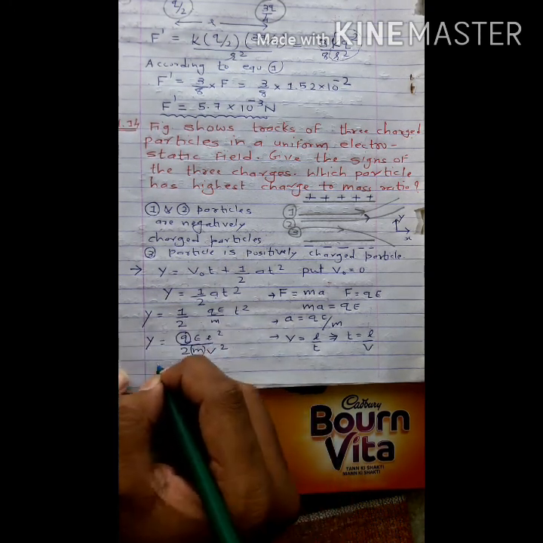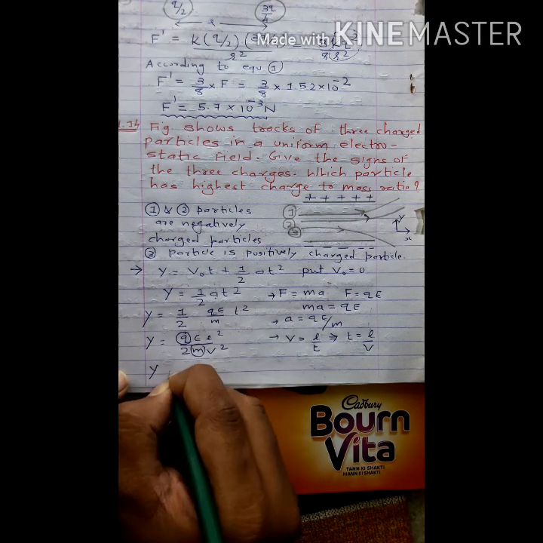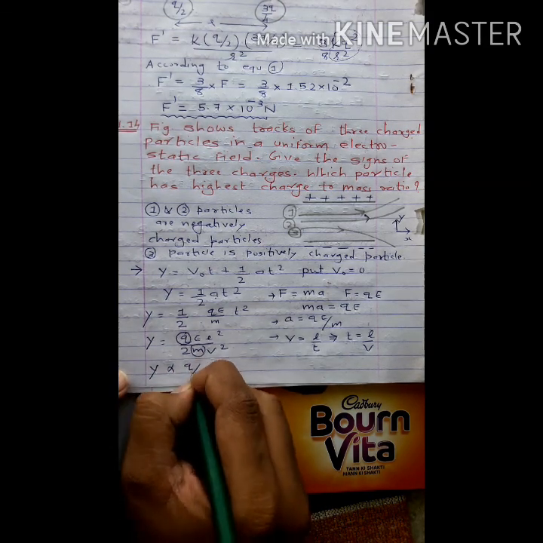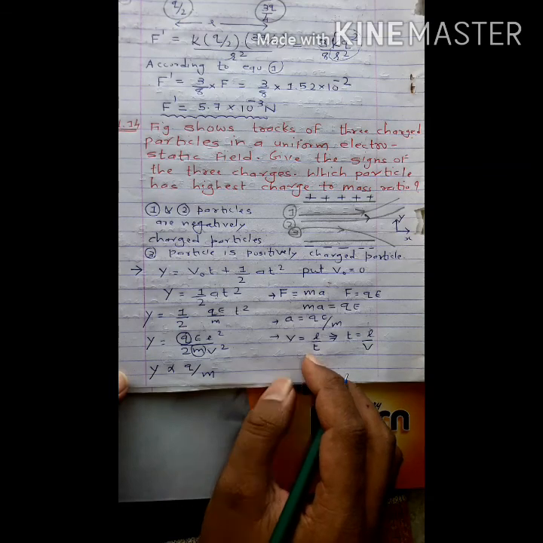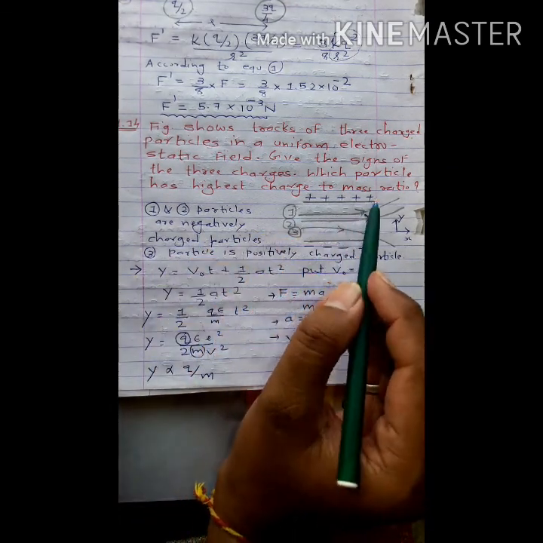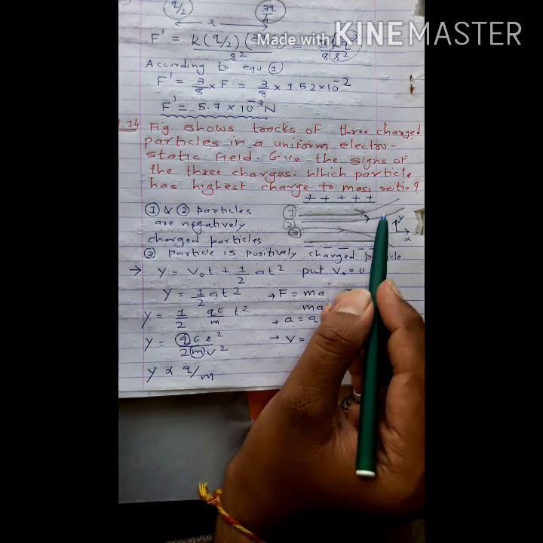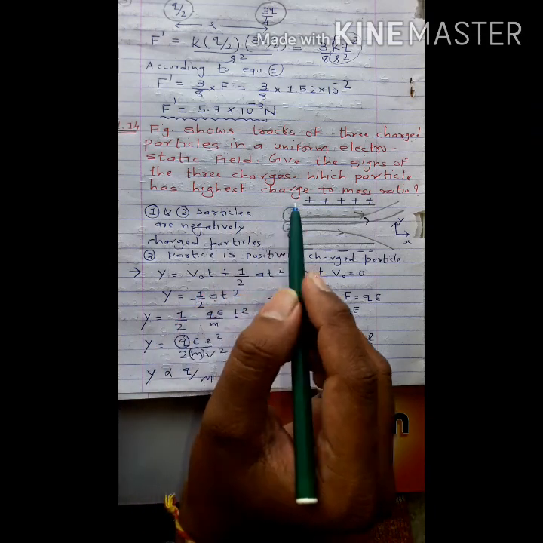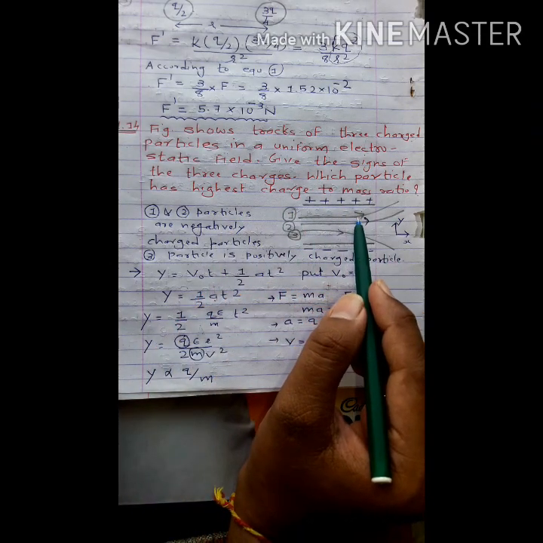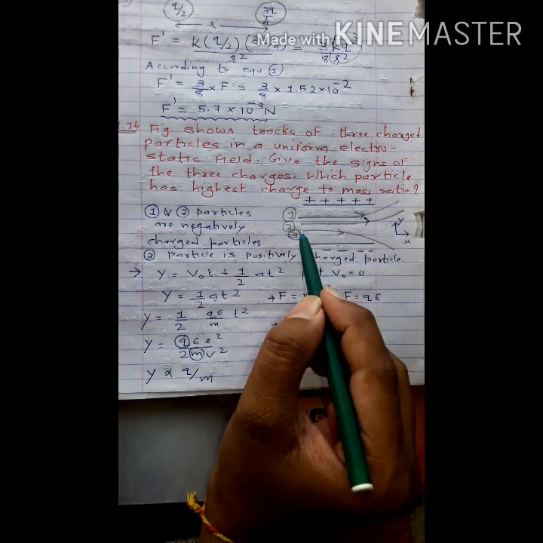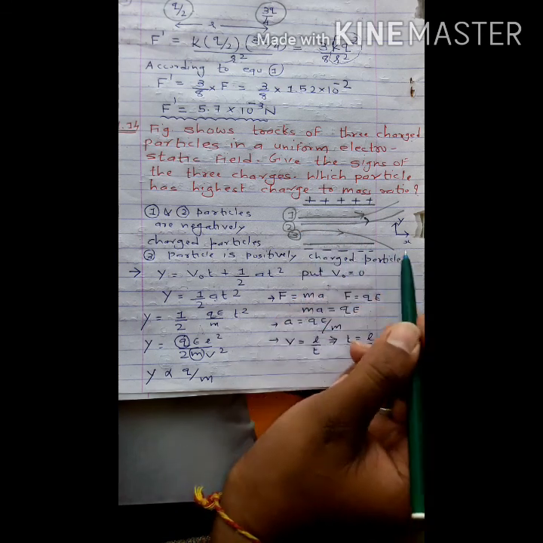From this equation we can say that displacement y is directly proportional to Q by m, the charge to mass ratio. From this figure we can say that the first and second particles have very little displacement in the y direction. The deflection of the first and second particles is less, but the deflection of the third particle is highest.